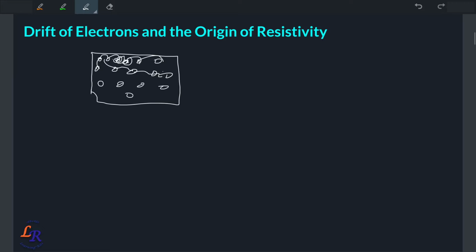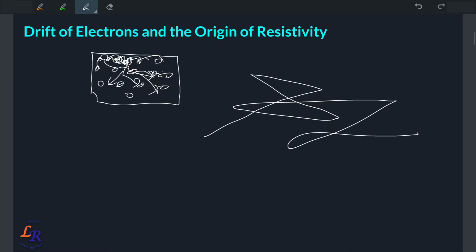So they will have collisions with those, and they will not move in a particular direction. They will move randomly, they can go here, they can go here. So in general you can have some zigzag motion. They started at A and reached B, and this is all random motion.